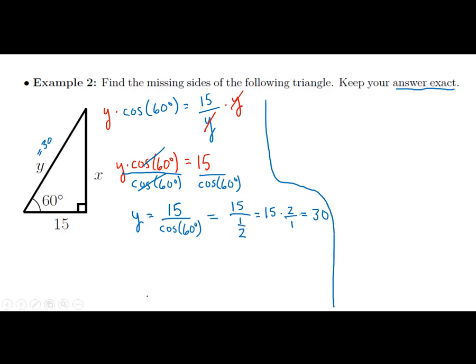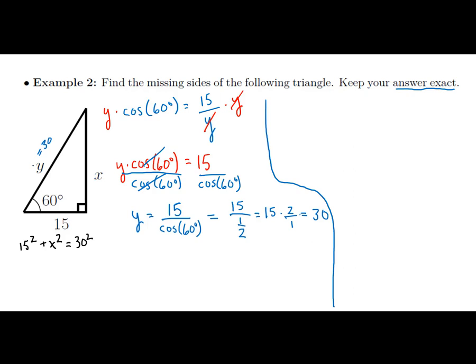Now, in the last problem, what we did was we used trigonometric functions to find both of our values. I think it's worth noting here, just as an aside, that at this point I could be done using trig functions because this is a right triangle. I know that 15 squared plus x squared is equal to 30 squared, right?